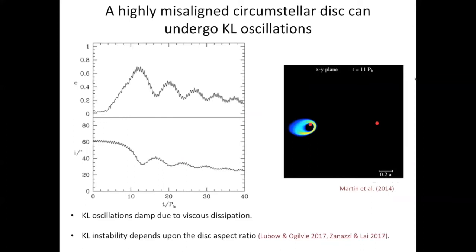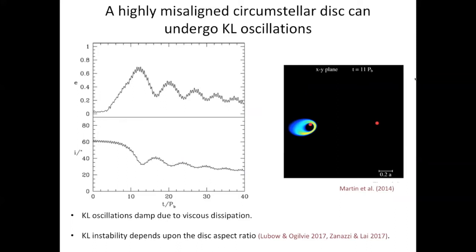The disk is able to hold itself together and undergo global Kozai-Lidov oscillations, rather than each radius undergoing these oscillations on a different timescale. But you can see that the eccentricity and inclination evolution is somewhat different to the test particle case, and that's because there's dissipation in the disk. So the oscillations are damped rather than being periodic like the test particles.